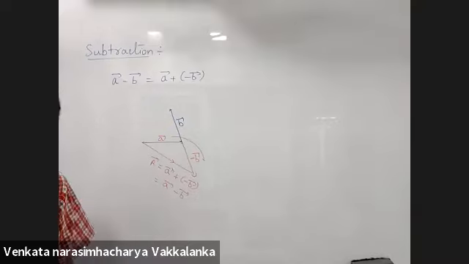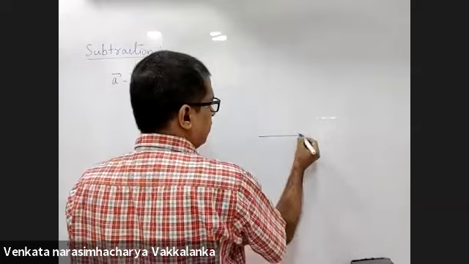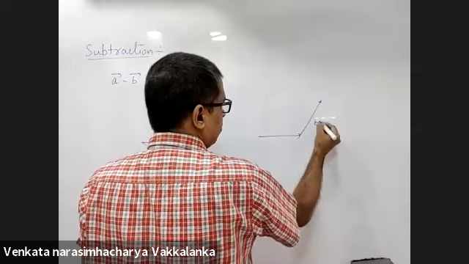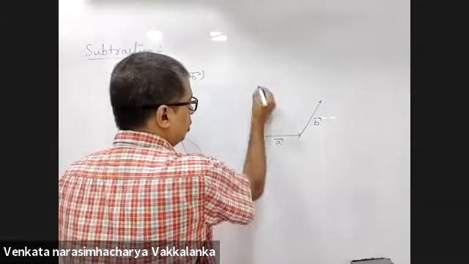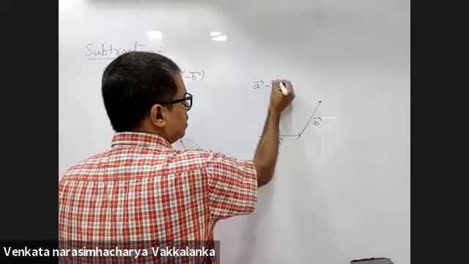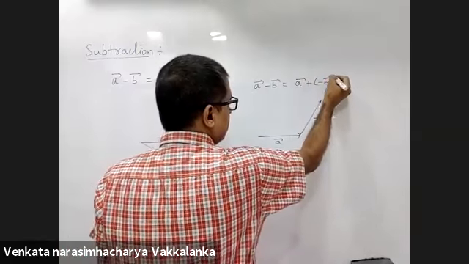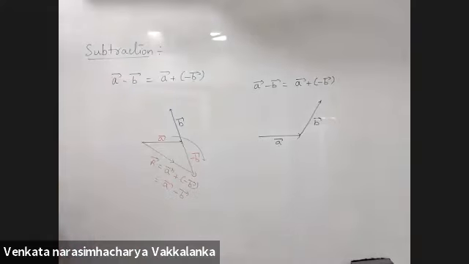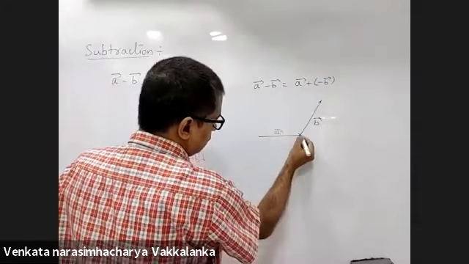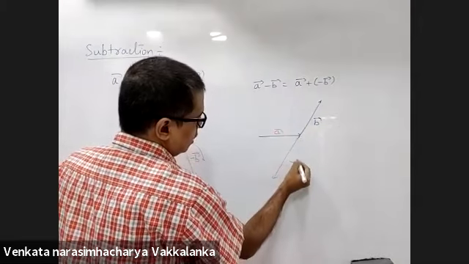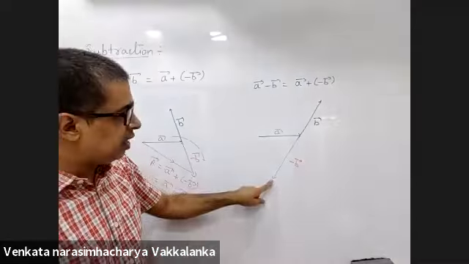I will take one more example to explain this. Suppose I have A this way and I have B this way. Now what do I do? A minus B will be A plus of minus B. Reverse the direction of B. Minus B is the same length in the opposite direction.